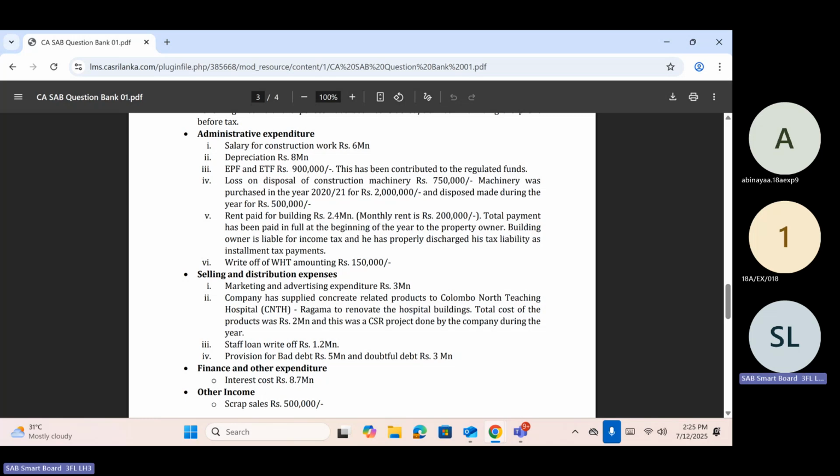That is correct, right? For the year 2.4 million. It says the total payment has been paid in full at the beginning of the year. The year means always 12 months. At the beginning of the year, the total rent of 2.4 million has been paid to the property owner.